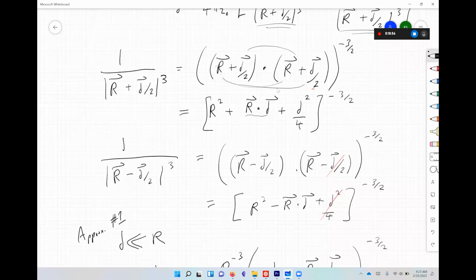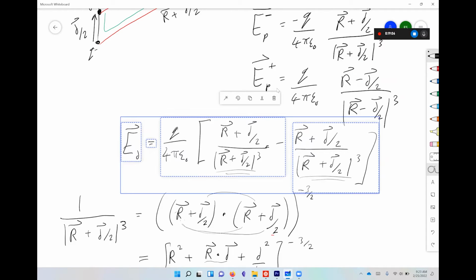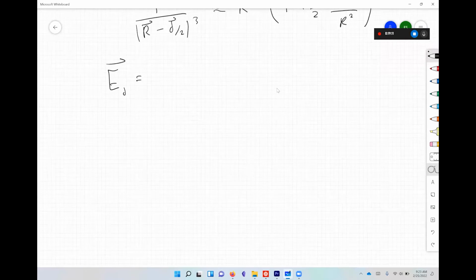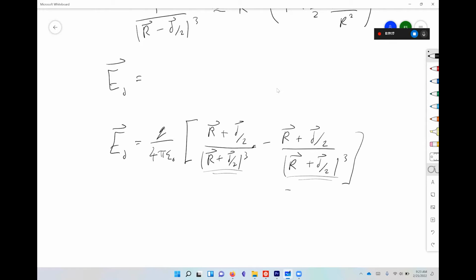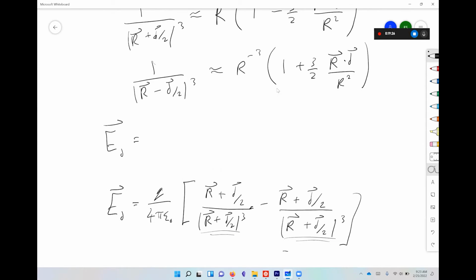Let me just copy it here. Paste. Okay. So Q over 4 pi epsilon naught is the same. But now both of those terms have r to the minus 3 in them. So there's going to be an r cubed here. It's going to be an r cubed here.